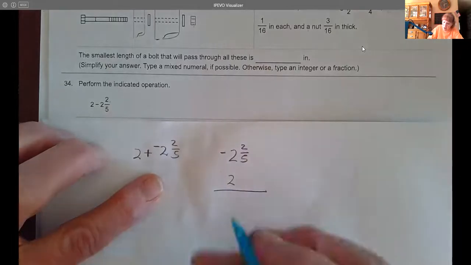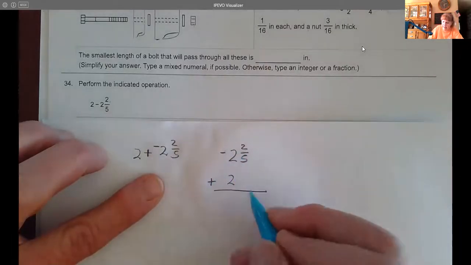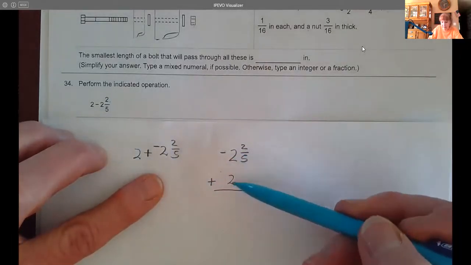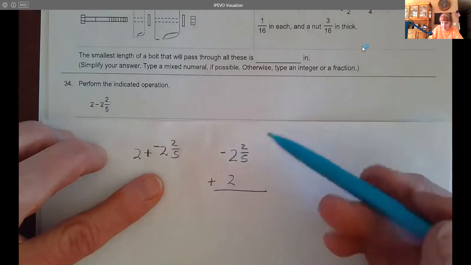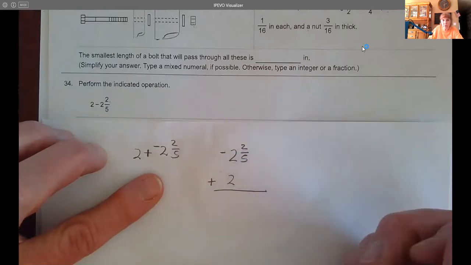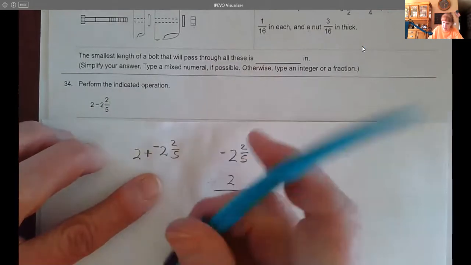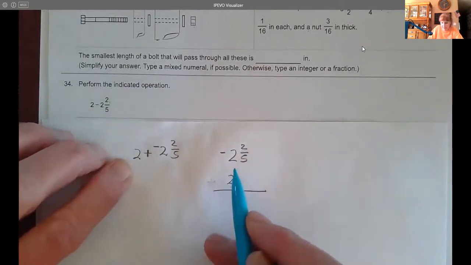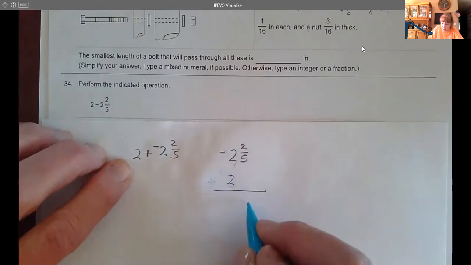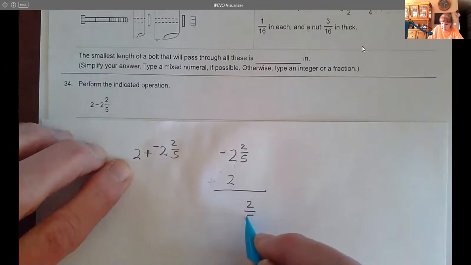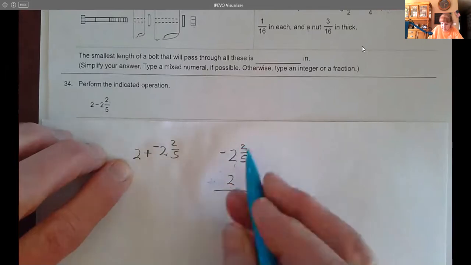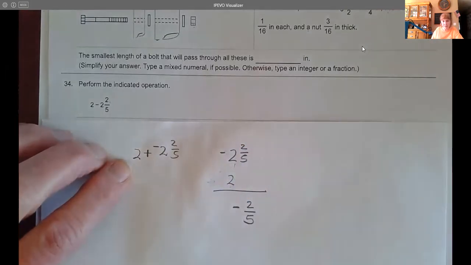And I just know when I add these together, which I actually have to subtract because the signs are opposite, that your answer is going to be negative. So in other words, 2 of these positives are going to take away these 2 negatives. So it's going to leave you with 2/5 when you subtract those, but it's going to be a negative 2/5.